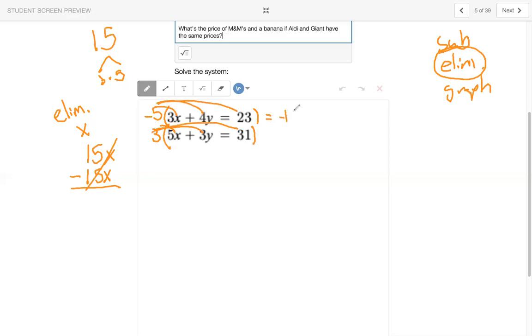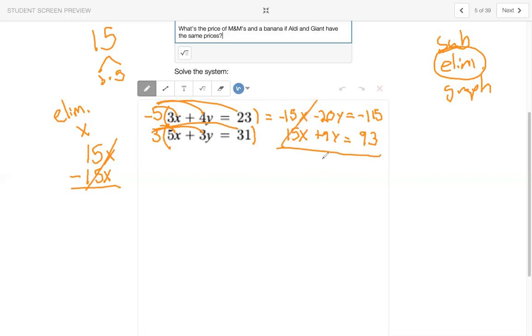So this could be rewritten now as negative 15x minus 20y equals negative 115. This is now 15x plus 9y equals 93. We can now eliminate x. That's gone.